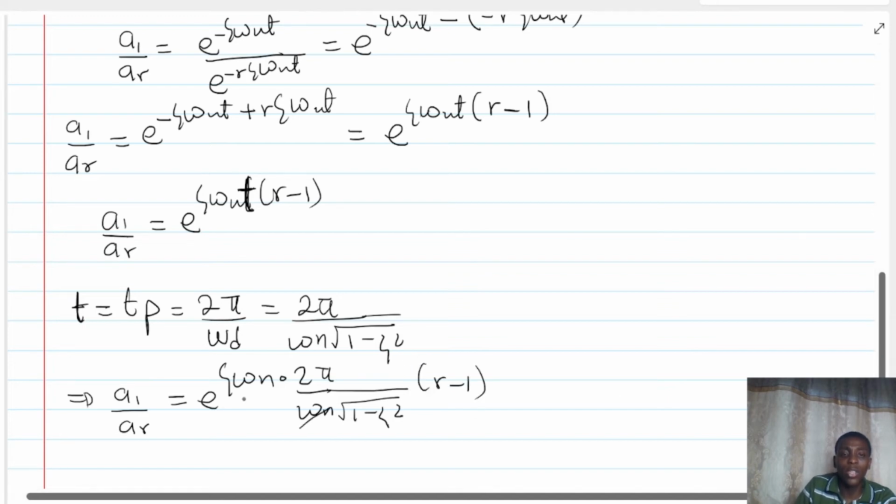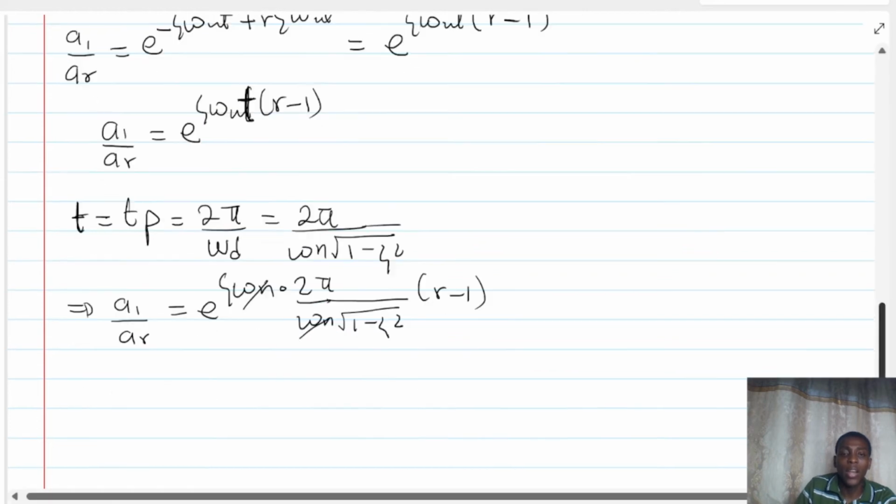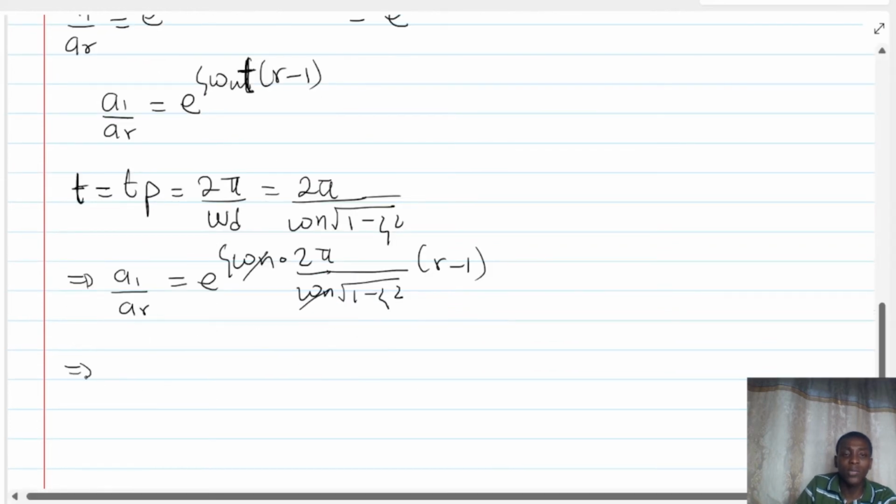So the omega n will take off the omega n, and then I'm going to end up with a1 over ar as the exponential of 2 pi zeta r minus 1, all divided by the square root of 1 minus zeta squared. So this is actually an exponential.